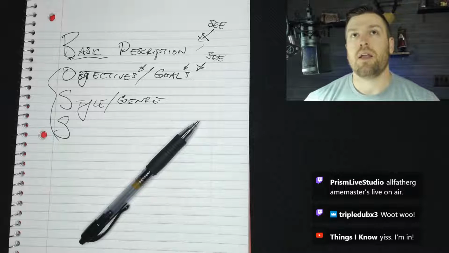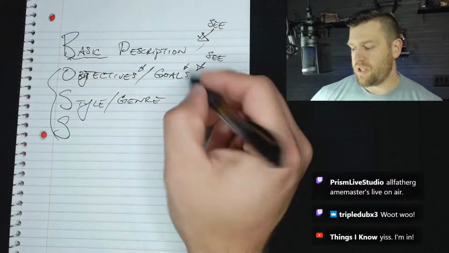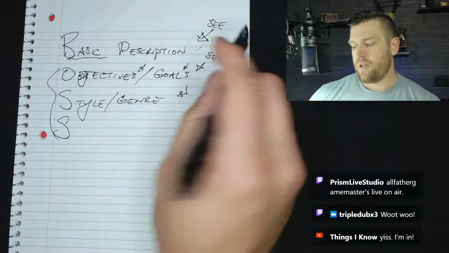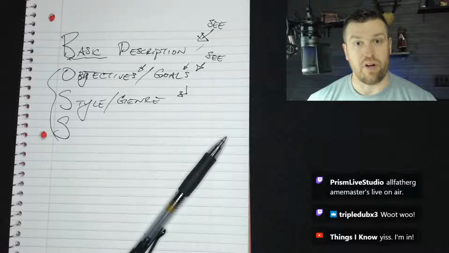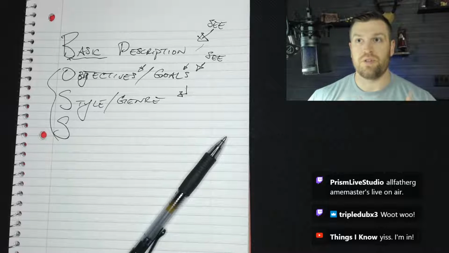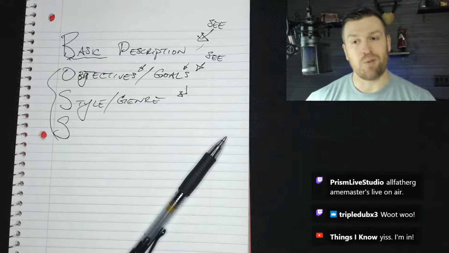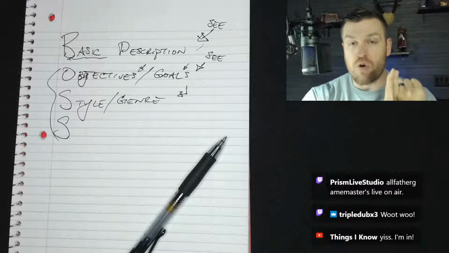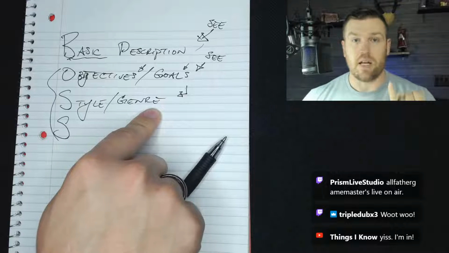So understanding the style and genre, it kind of falls into the objectives and goals. It lets you know, hey, this could get graphic. Some graphic gore could occur if our villain is down for that, like if they're cool with that.